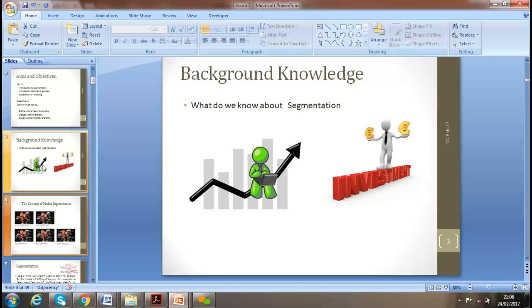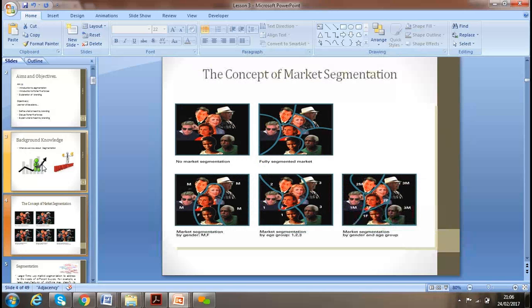Why do we need to segment? What is the purpose? So that you could get a target market which we can advertise our products to. Okay, well done.